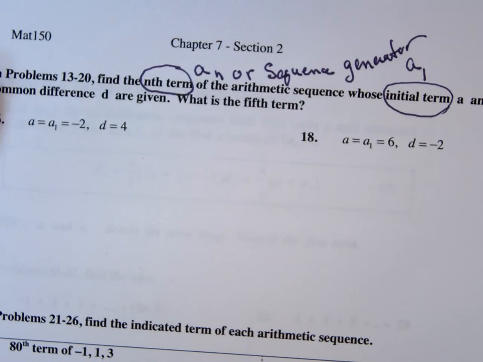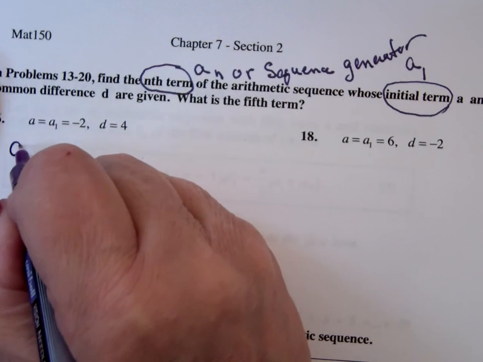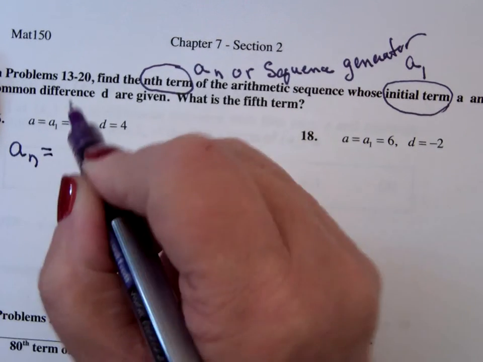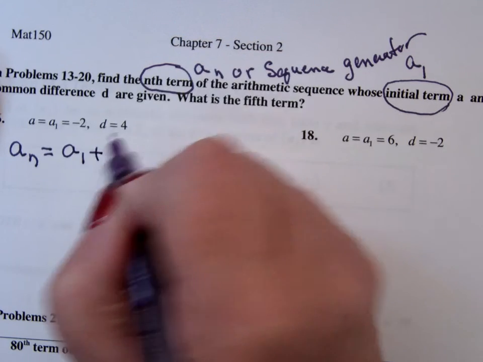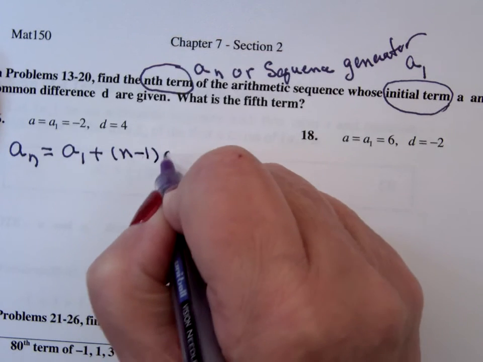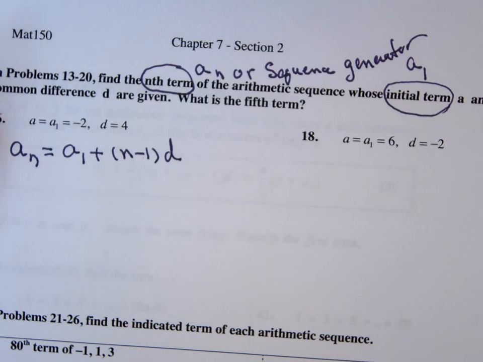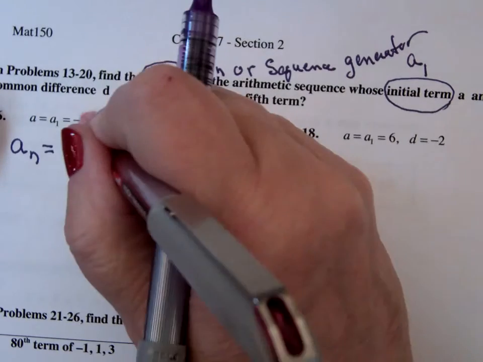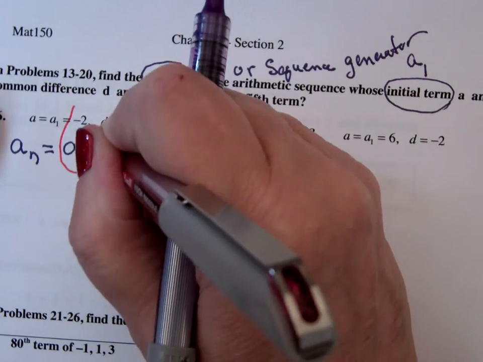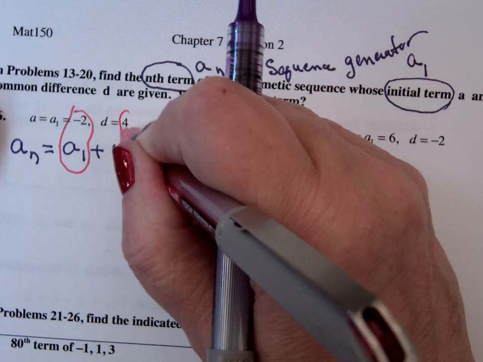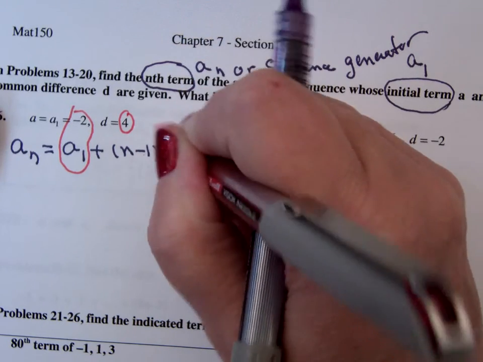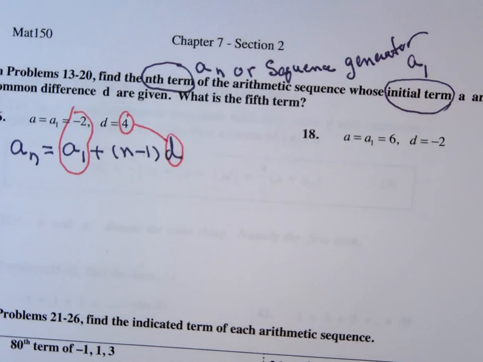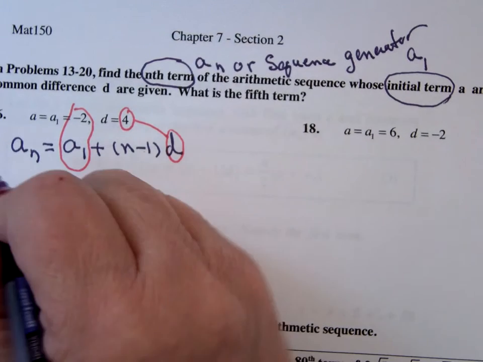Well, I have a formula for that. The formula is a sub n is a1 plus n minus 1 times d. I know what a1 is: a1 is negative 2, and d is 4. So it's going to become a plug and chug.